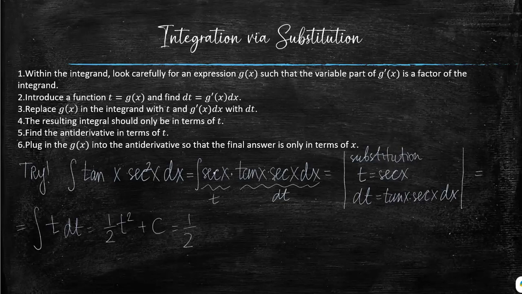And we're going to replace t with secant x. Now you might wonder, how is it that the same problem has two different answers? We addressed that concern in one of the previous lessons when we discussed antiderivatives and indefinite integrals. So there's nothing wrong with that, so we solved the problem.